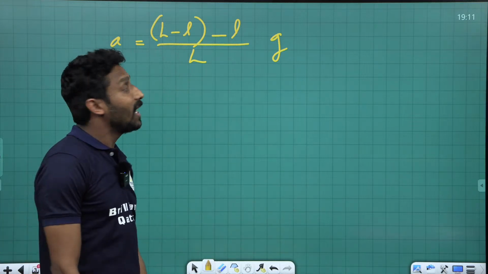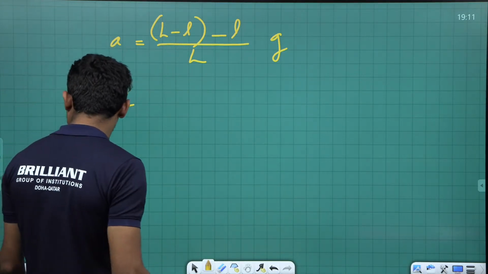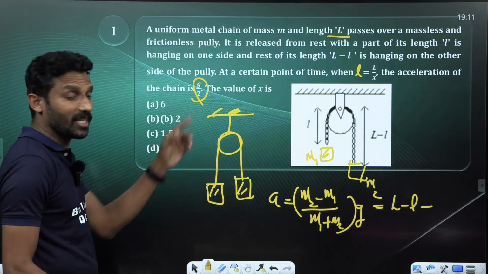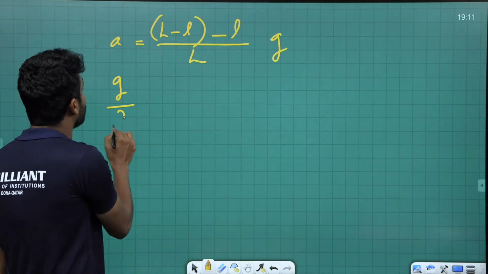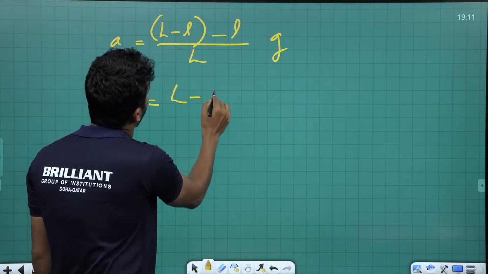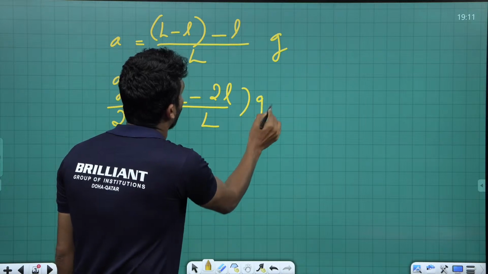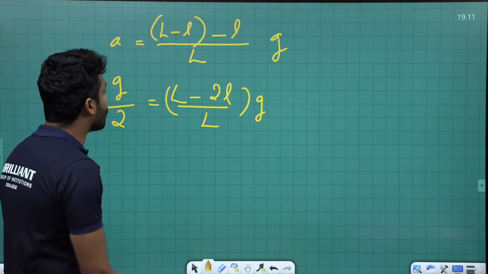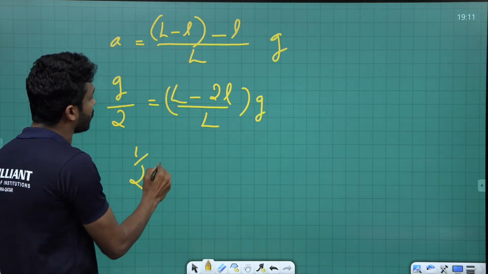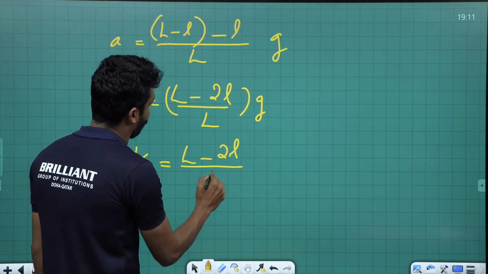And this acceleration is given in the question as g by 2, isn't it? Then this is equal to L minus 2l divided by L into g. Now g is cancelled, which means 1 by 2 is equal to L minus 2l divided by L.